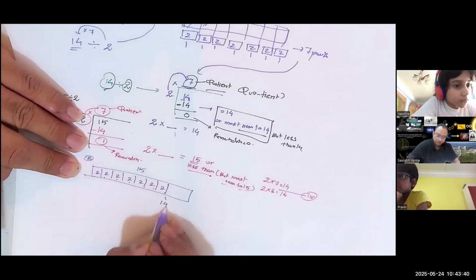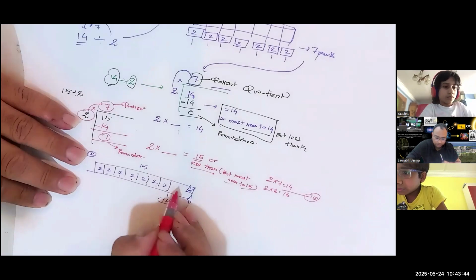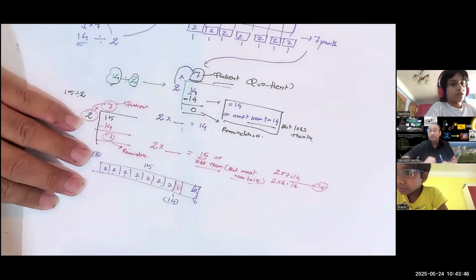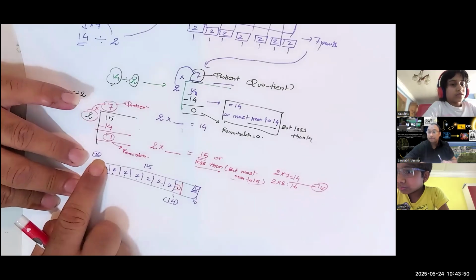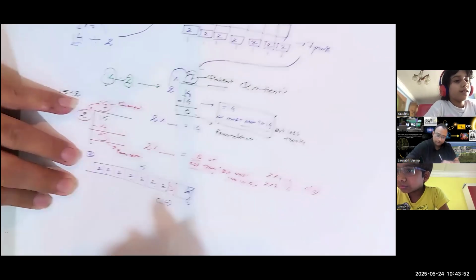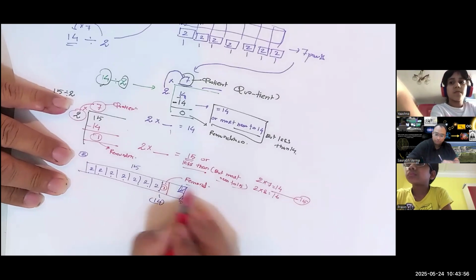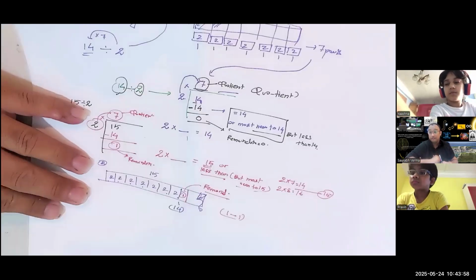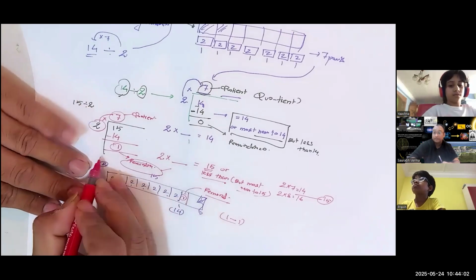Up to here the 14 is done. But you can't divide the 1 chocolate into two groups, right? So 1 will be remaining, because you can't group it 1 with 1. So that is a remainder that we are getting here.